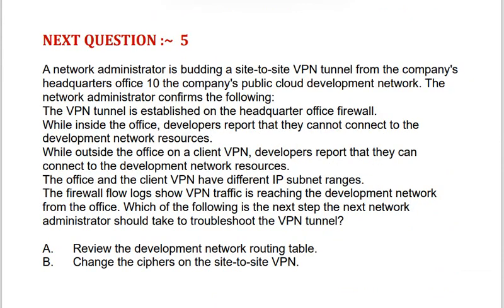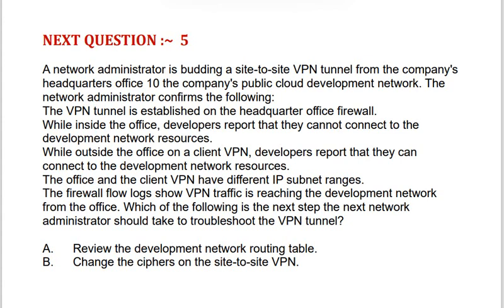Our question is, a network administrator is building a site-to-site VPN tunnel from the company's headquarters office to the company's public cloud development network. The network administrator confirms the following. The VPN tunnel is established on the headquarters office firewall. While inside the office, developers report that they cannot connect to the development network resources.